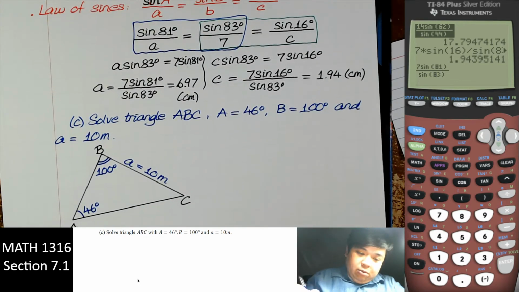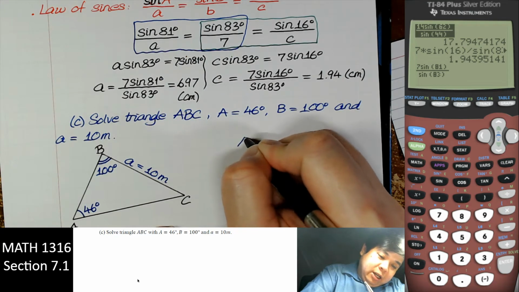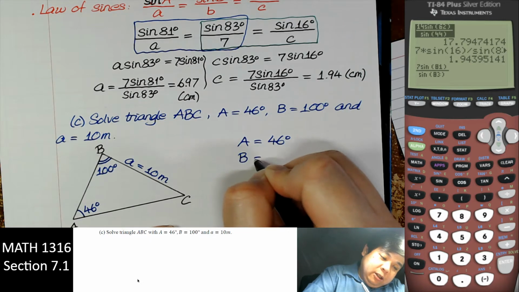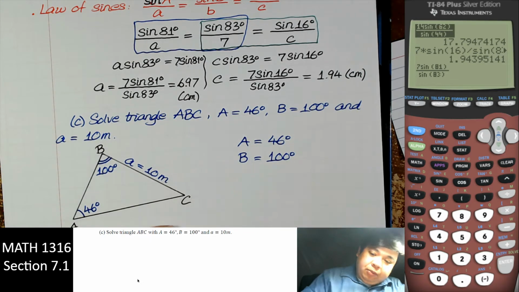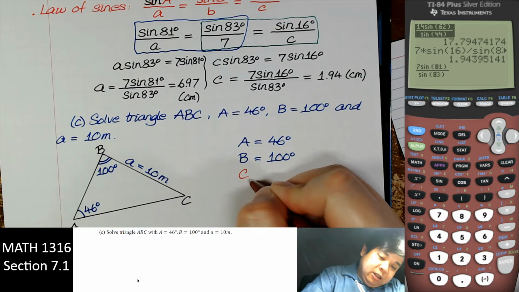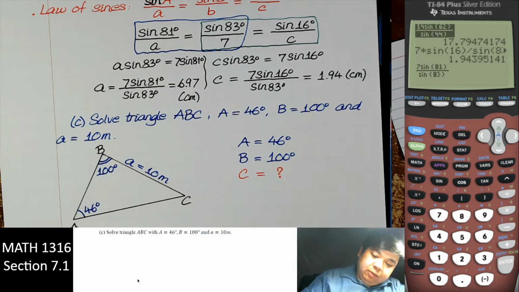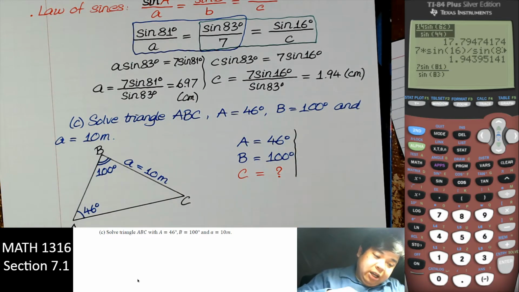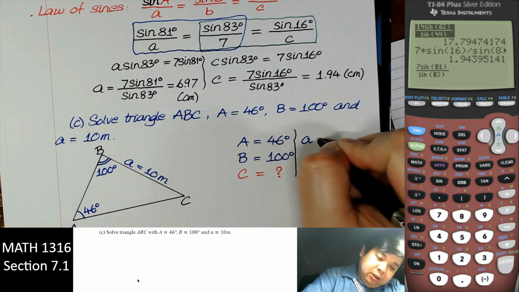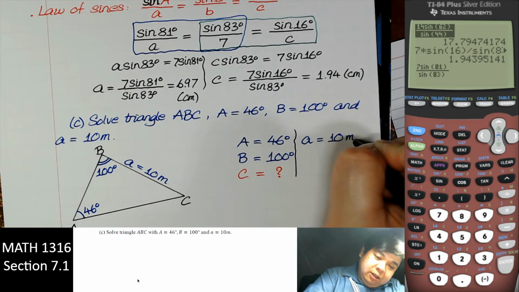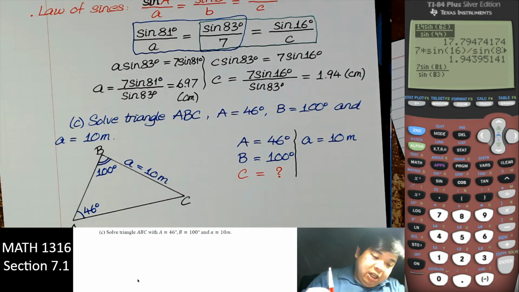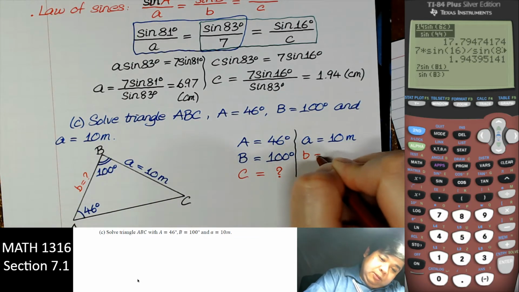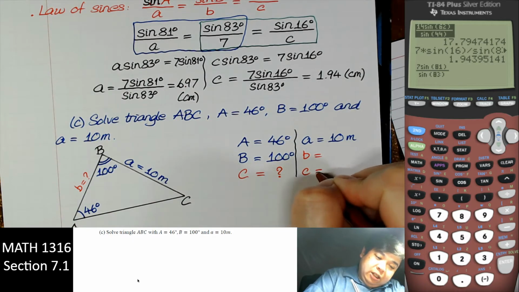Right. Let's summarize. Angle A, 46 degrees. Angle B, 100 degrees. Angle C, don't know that. Little a, 10 meters. Do we know b? Nope. And we don't know c.